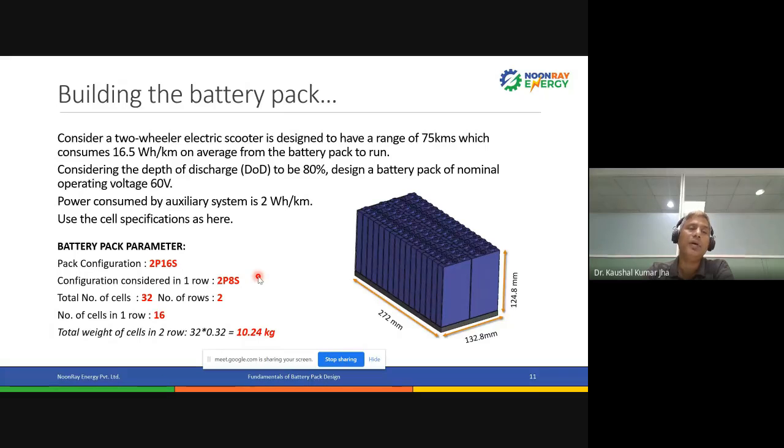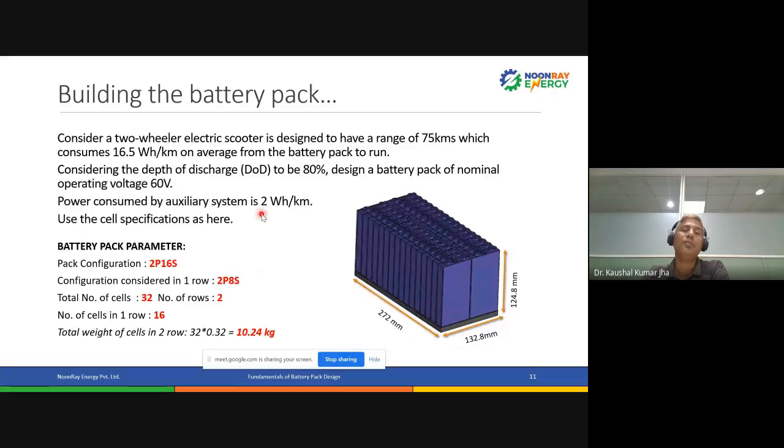Now, it is saying the power consumed by the auxiliary system is 2 watt-hour per kilometer. So the total energy consumed is 16.5 plus 2, 18.5 watt-hour per kilometer. So how do we find out the cell series and parallel configuration?